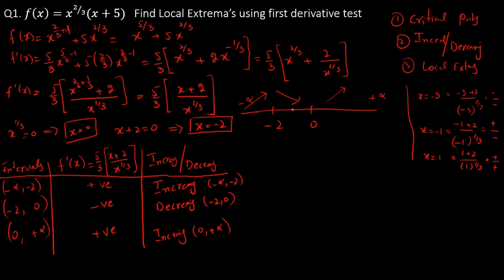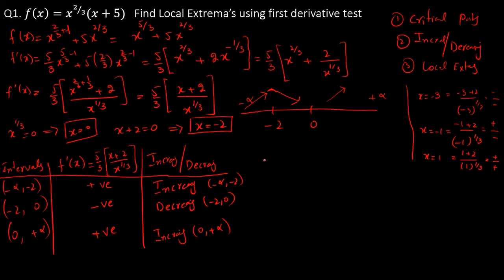So this tells us that our local extremas are at -2 and 0, and when our function is increasing and then decreasing, we have a shape like this, and here we have the local maximum point.